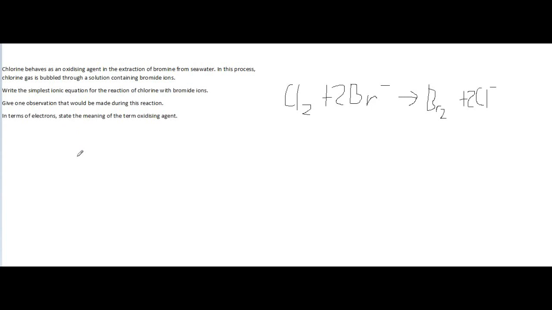An oxidizing agent is the compound or element that gets reduced, and reduction is gain of electrons. The oxidizing agent is the compound or element that gains electrons. That will be all the questions for this segment. Thank you for watching.